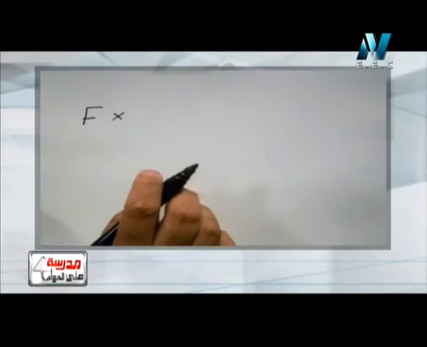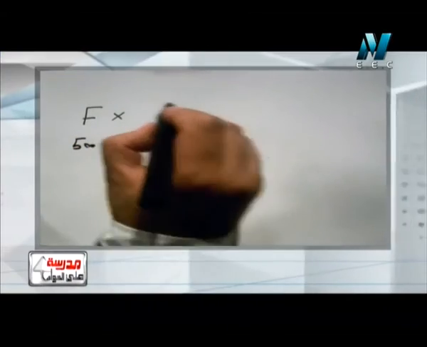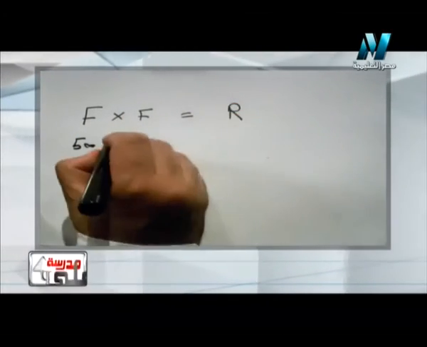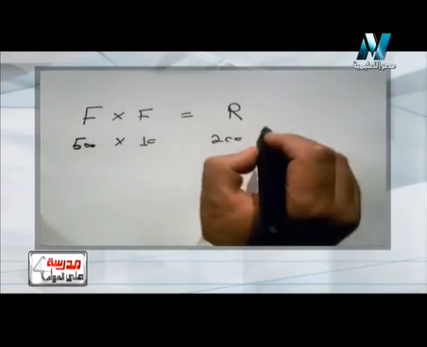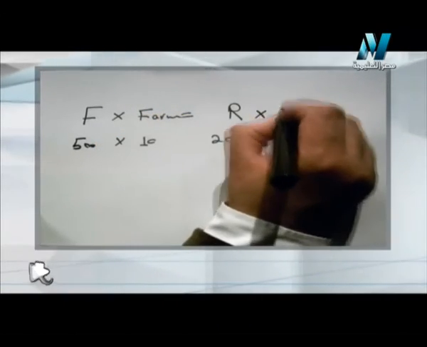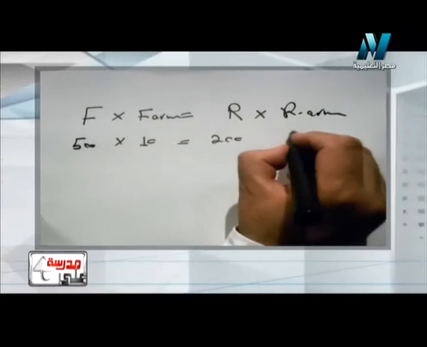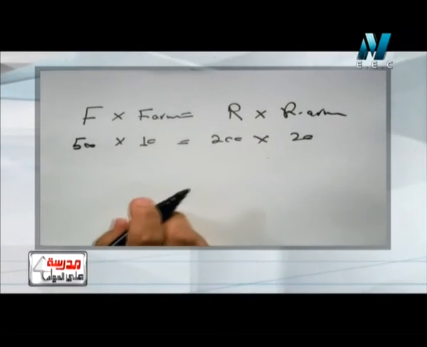Another question, from Ahmed Aliou. A force of 500 Newton affects a first-class lever, and its arm of force equals 10 centimeters. The resistance equals 200 Newton, and the length of the arm of resistance is 20 centimeters. Is the lever balanced or not, and why?